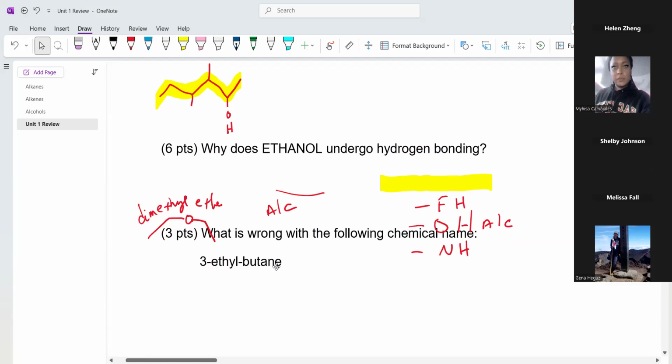What is wrong with the following name? All right, if you draw this out, okay, so let's draw it out and then look at it. Okay, that's butane. And if we go 1, 2, 3 with an ethyl branch, that's what the structure looks like. Now, which is wrong because this is the longest carbon backbone, not what we started with.